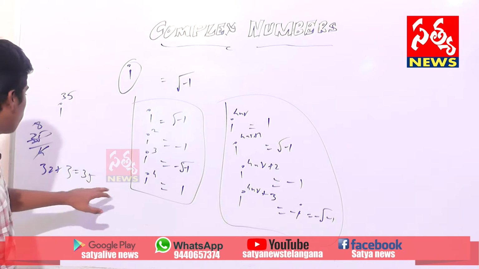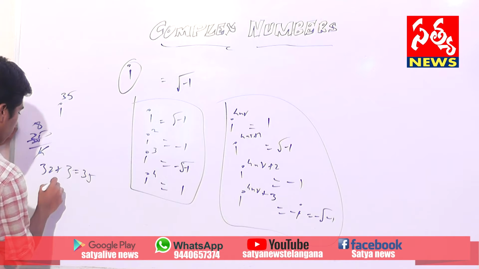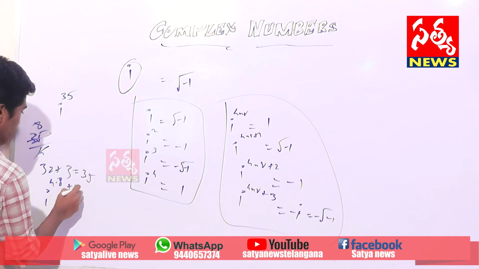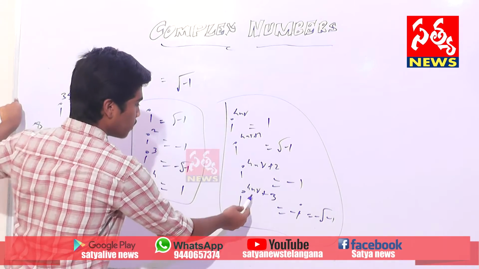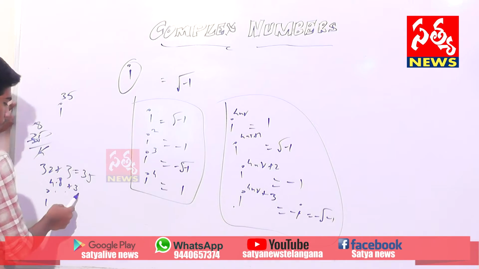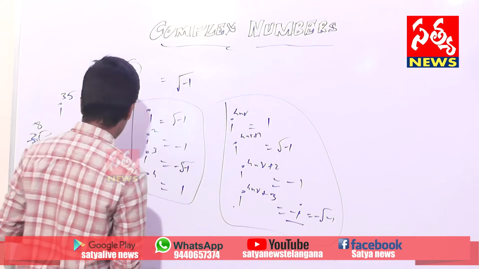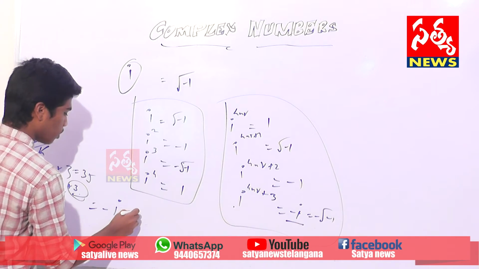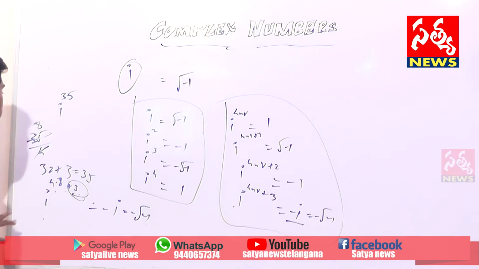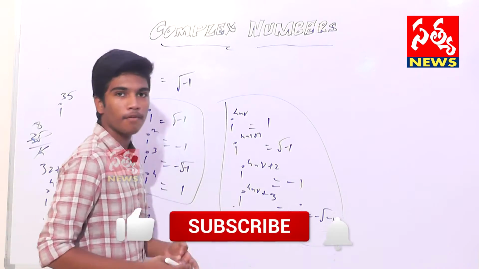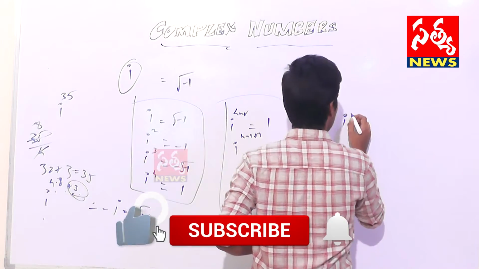Now this is in the form of i power 4 into 8 plus 3. See, i power 4r plus 3. So at last we got plus 3, and our answer is minus i, or minus root of minus 1. In this way we have to calculate i power values.